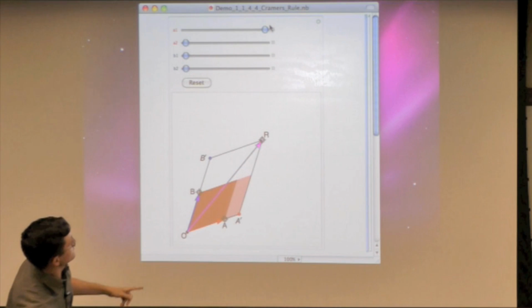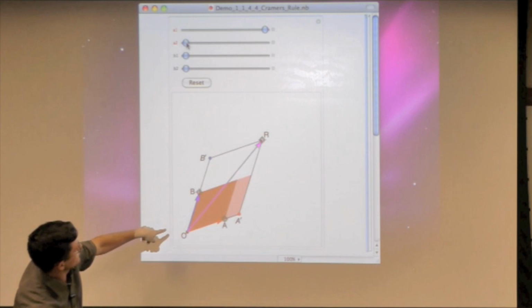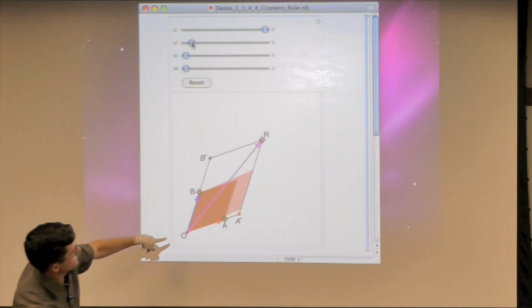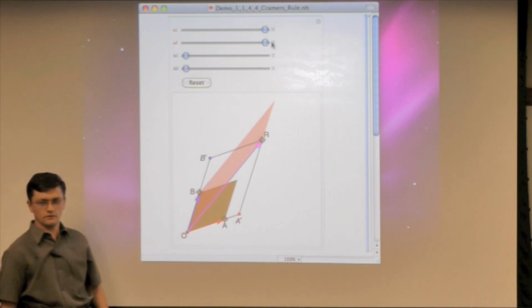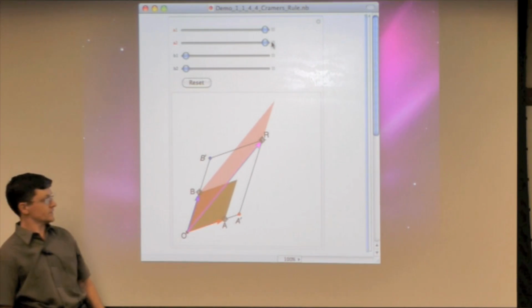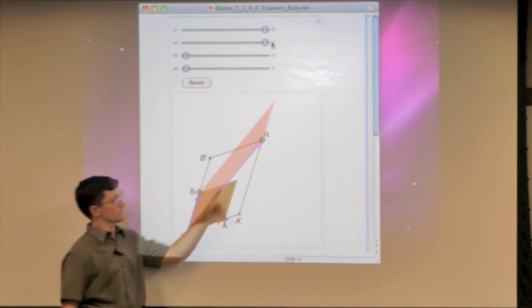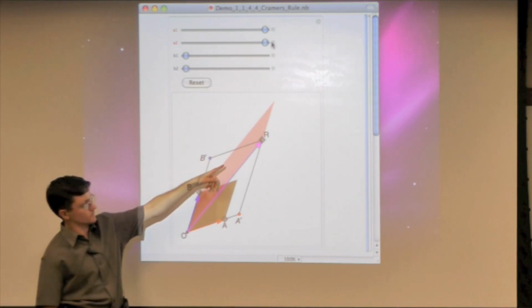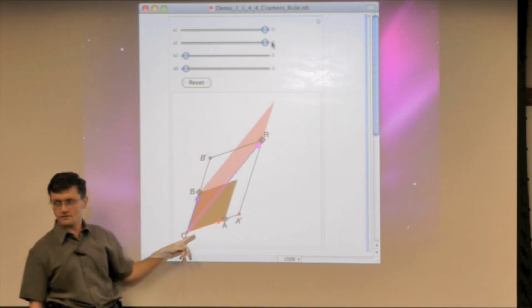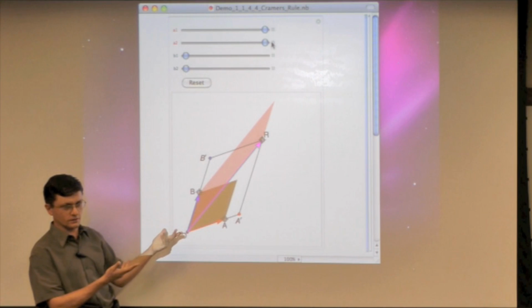And then my claim is that if you keep track of this pink parallelogram, its area is exactly the same as the area of the parallelogram on the given vector W. So that's the whole idea geometrically.